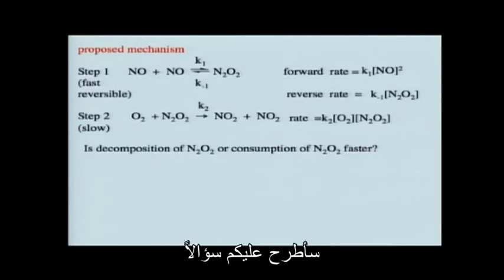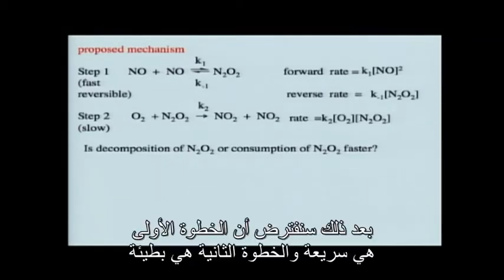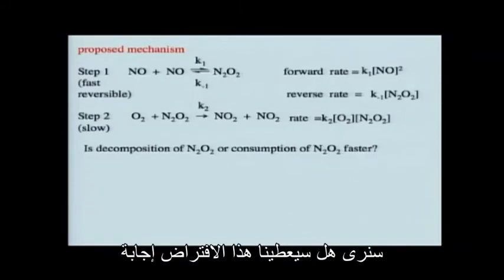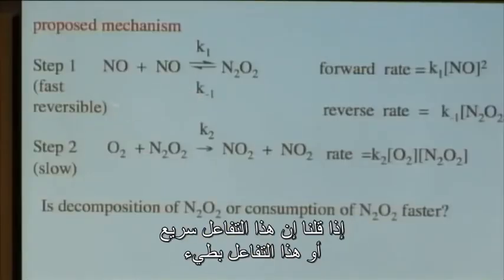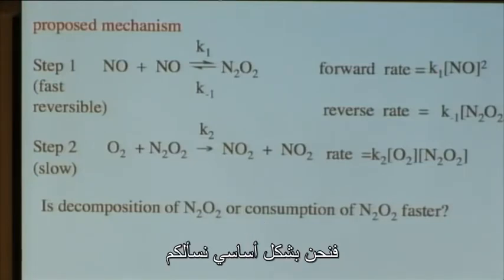So we're going to ask the question: let's just say the first step is fast and the second step is slow. And we're going to see whether that gives us an answer that's consistent with the experimentally determined rate law.